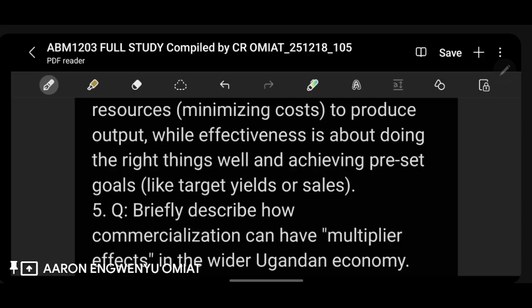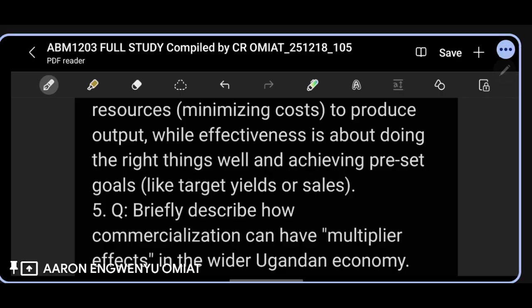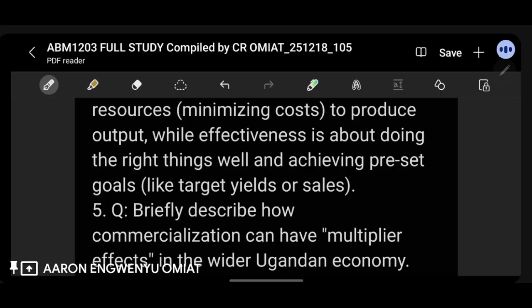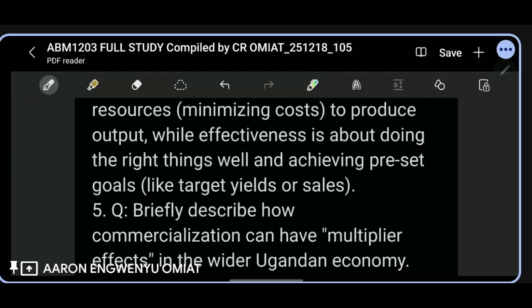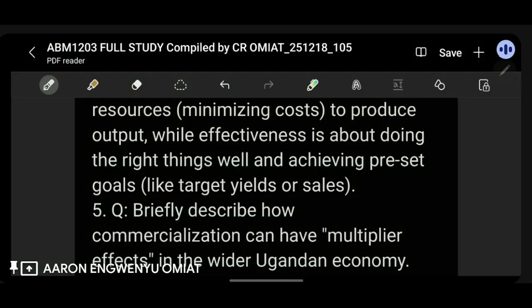Employment creation. Commercial agriculture and agribusiness has created jobs in farming, marketing, and processing.